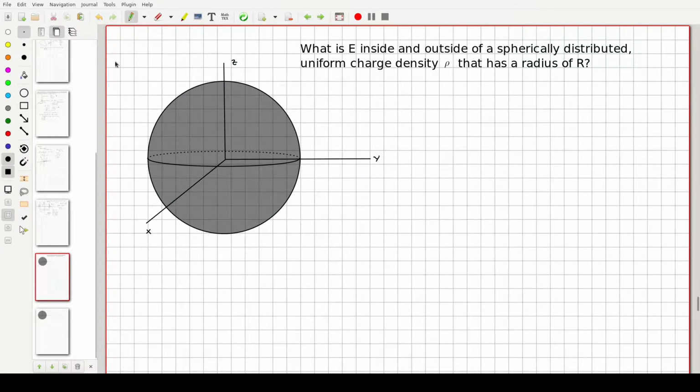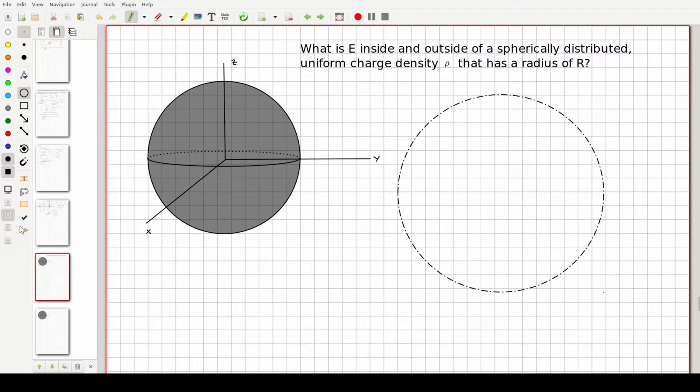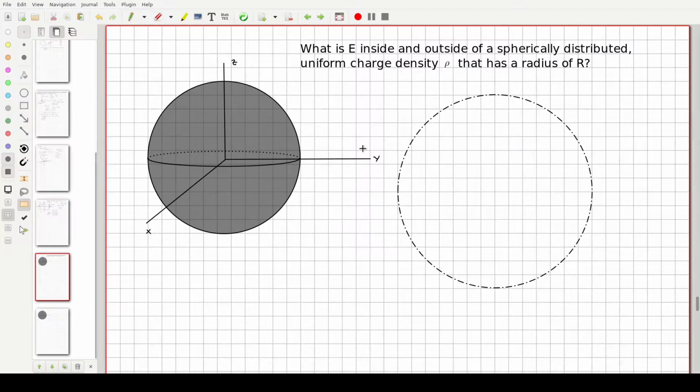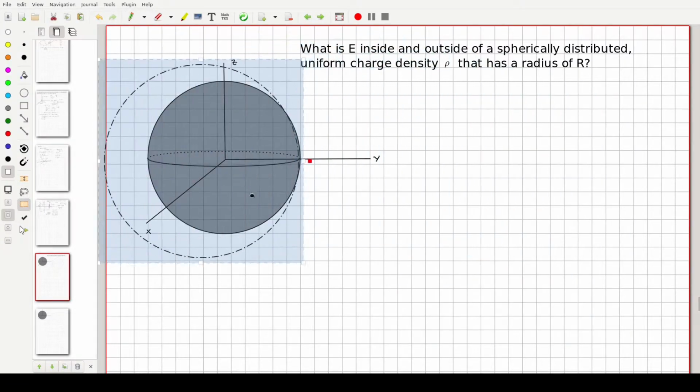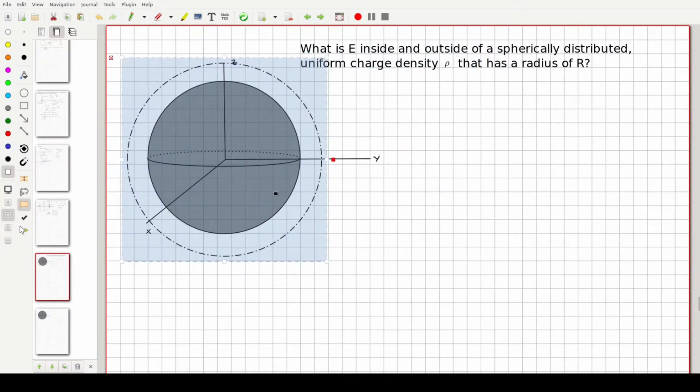With the outside part, I'm going to draw a sphere that sits on the outside of the sphere of charge, because that fits the symmetry of what I'm looking at. So again, I'll use a big old sphere like this. This is my big fake sphere, centered like that.